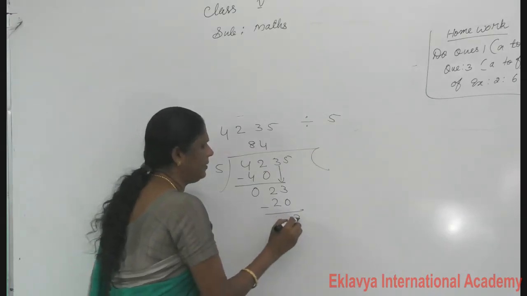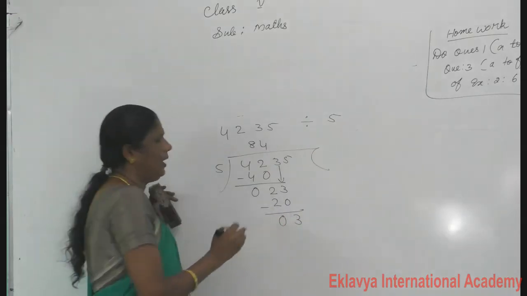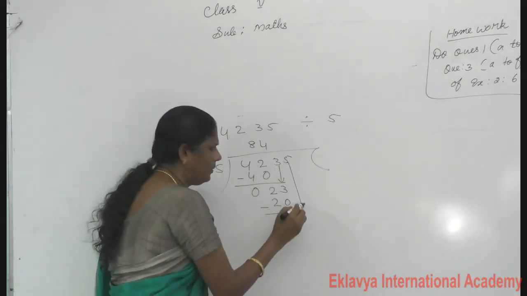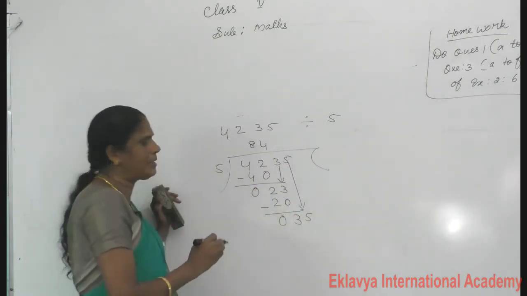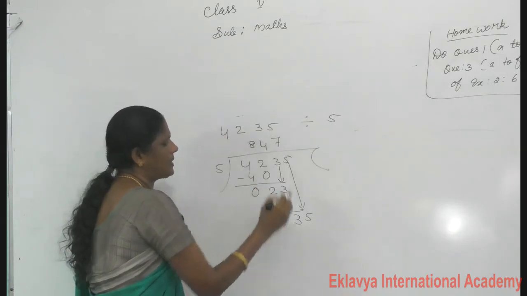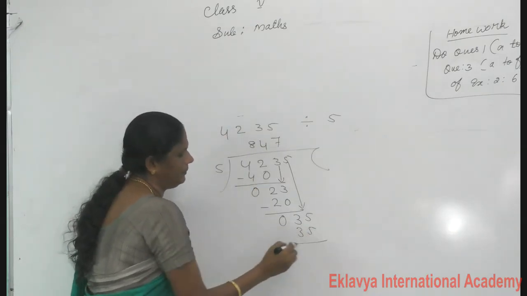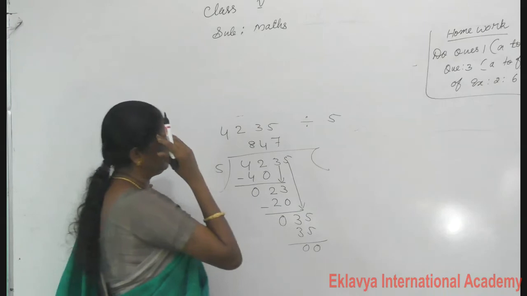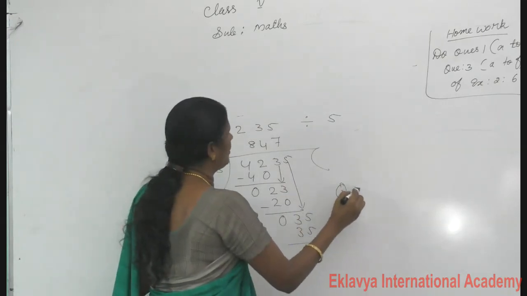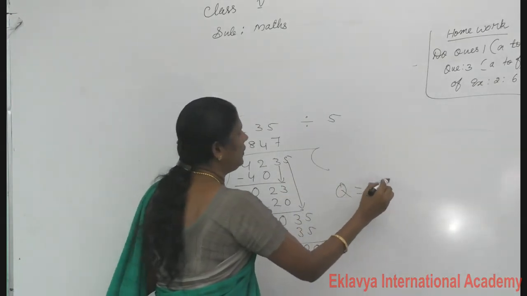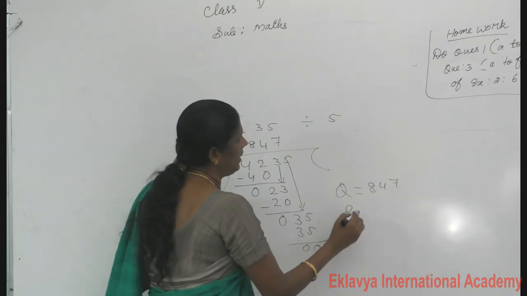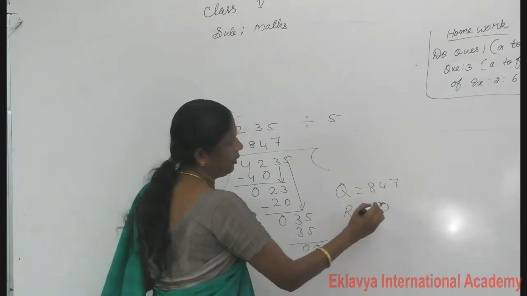Again subtract, 3, 0. Then the next 5 comes down. How many times does 5 go in 35? 7 times. Here the quotient is equal to 847. Remainder is equal to 0.